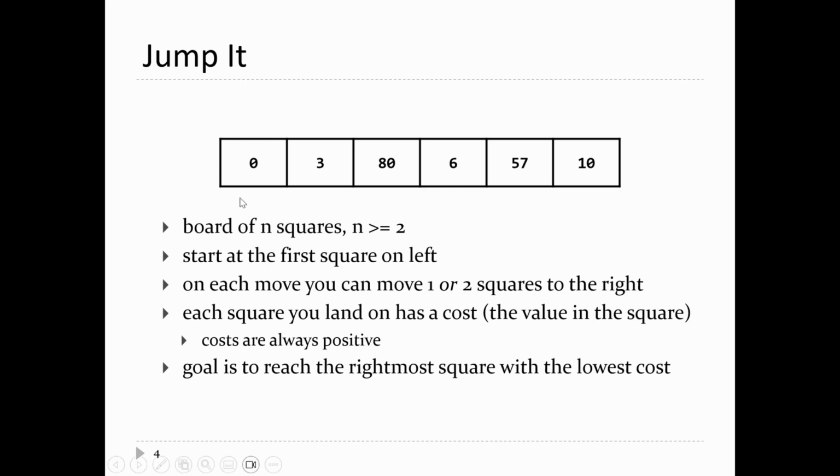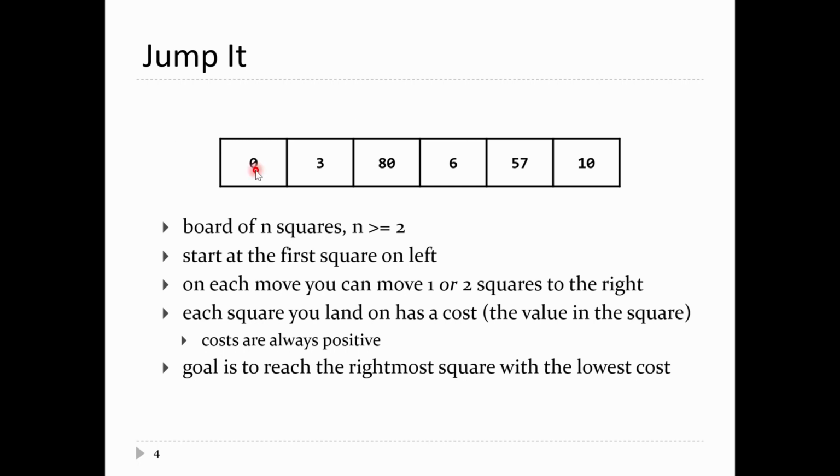The number in the square is equal to the cost of stepping on that square. So the first square has a cost of 0, the second square has a cost of 3, the last square has a cost of 10. You would like to start from the left-hand side of the board and make it to the right-hand side, accumulating the lowest cost, so minimizing your score in this particular case.